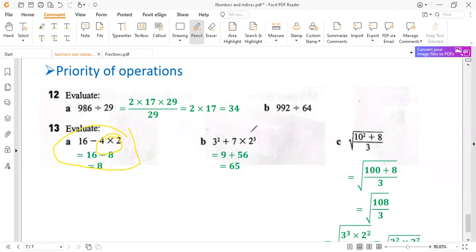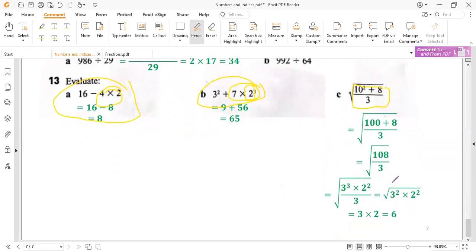So we find the power of 3, and multiply it by 7. Then we add the result to 3 power 2, and so on. We evaluate inside the radical, and the final step is to find the radical of the result inside the square root.